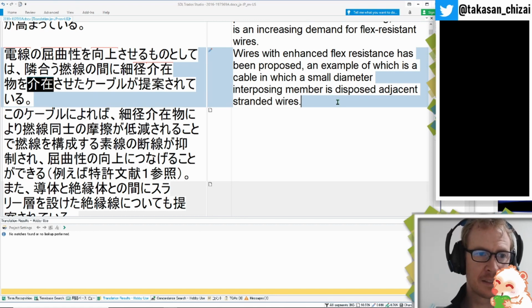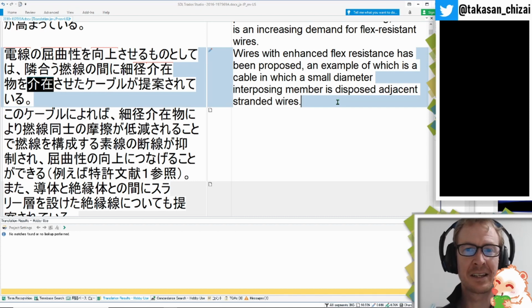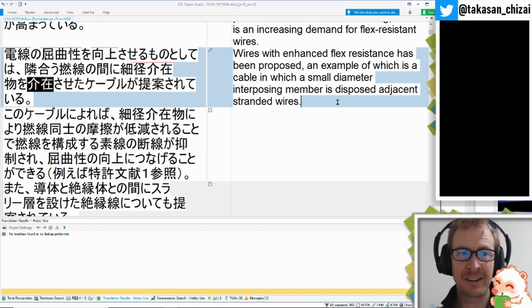Alright. So I'm starting to get a general idea of what this invention is about. We haven't actually looked at the invention yet, but already from the background art I see that it's about a wire and it's about these configurations of the wires within the wire.